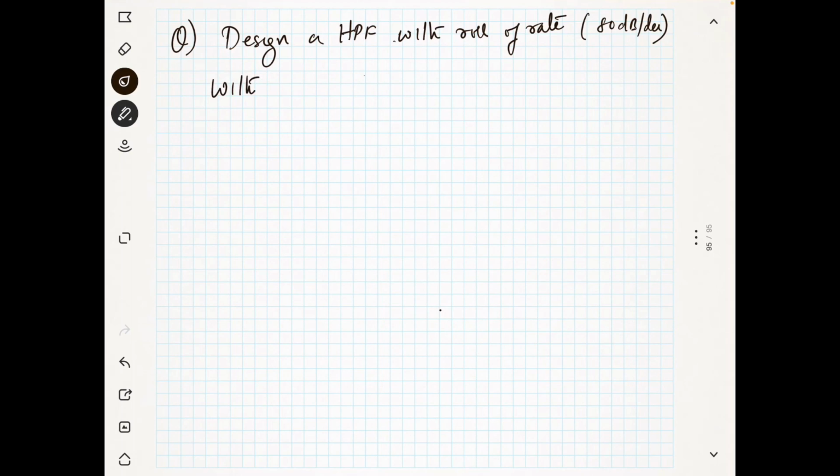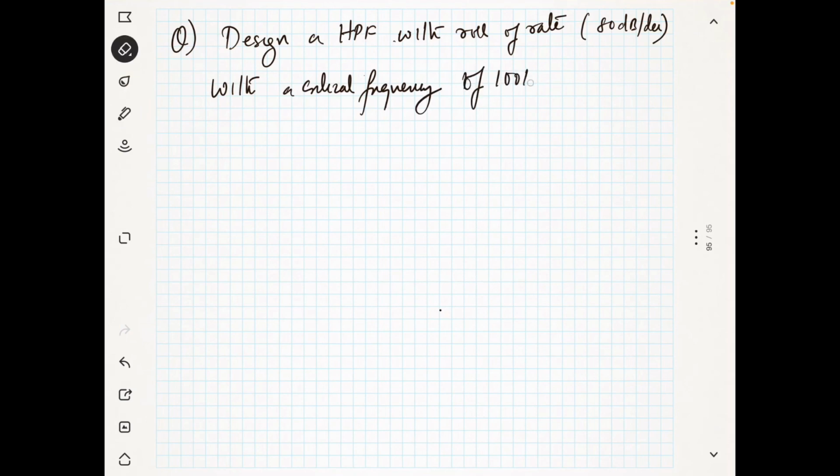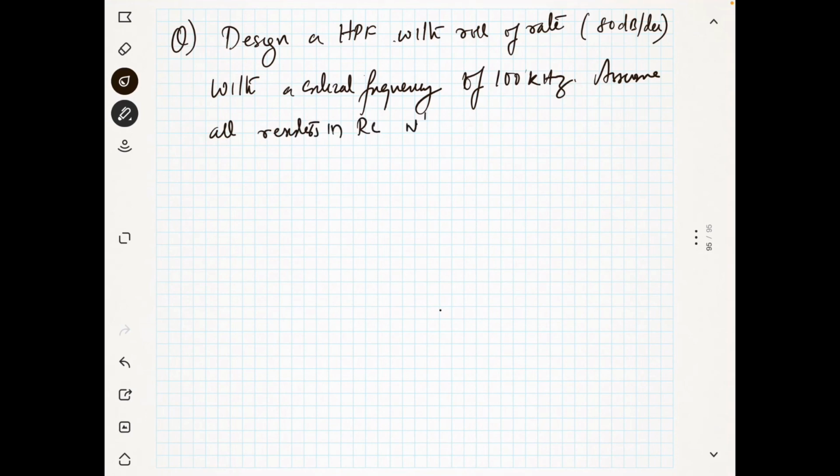With a critical frequency of 100 kilohertz. Assume all resistors in the RC networks are equal to R, 1 kilo ohm.